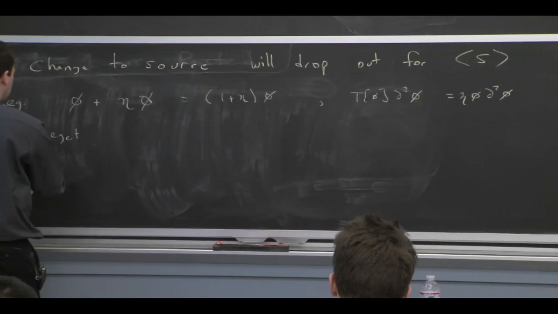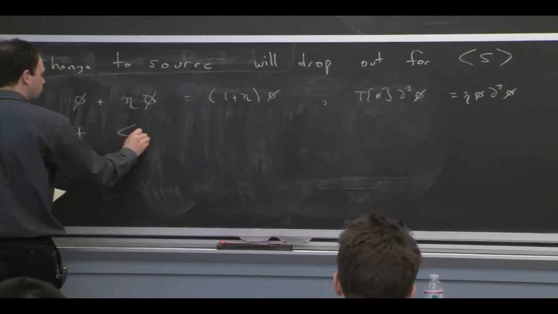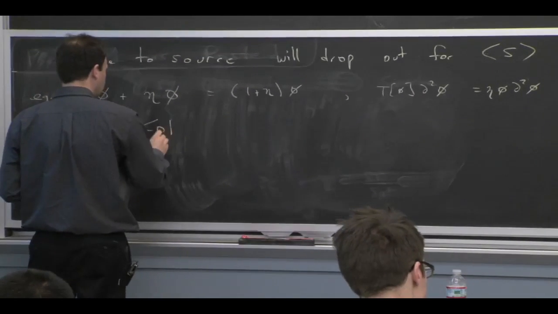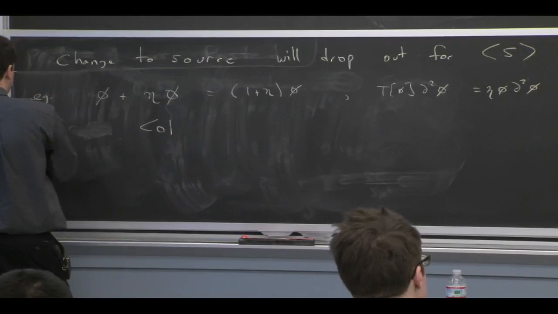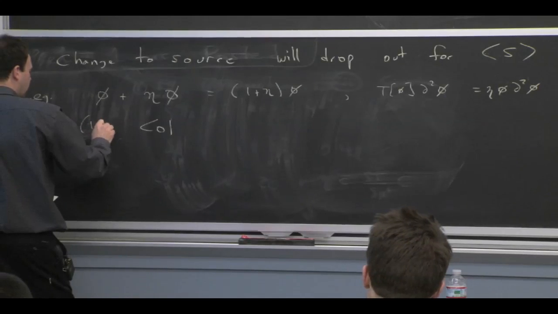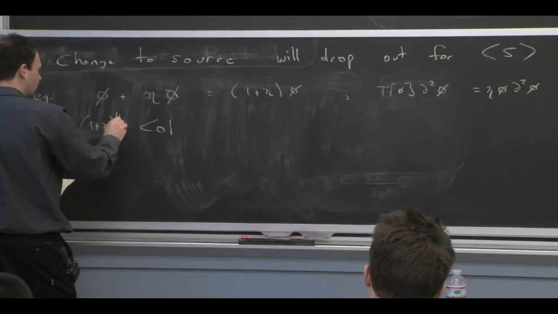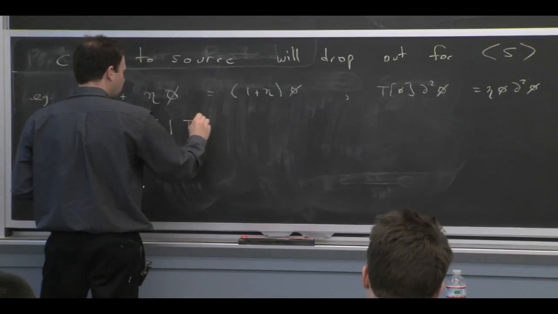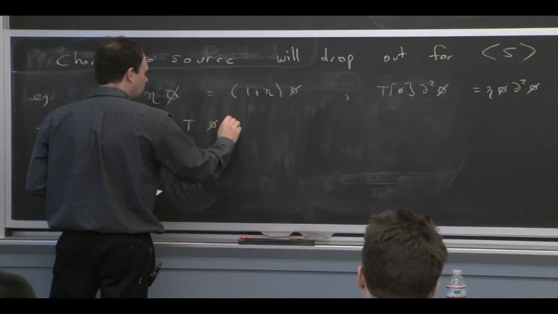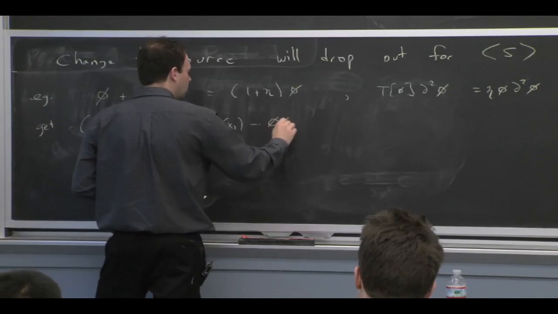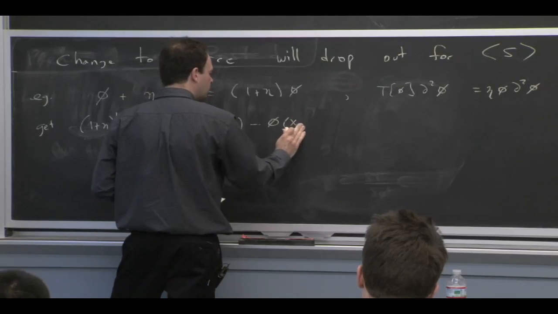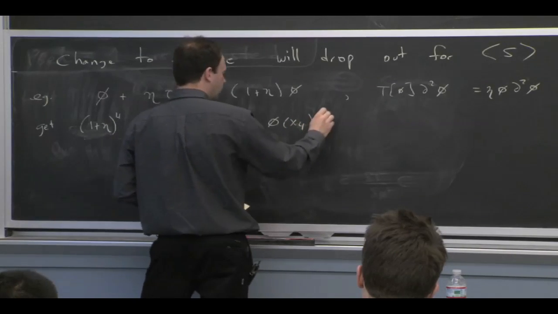If we look at our matrix element, we're just getting a factor of 1 plus eta for each of the fields. Let's say we had 4 of them. If I had n of them, it would just be to the nth power.